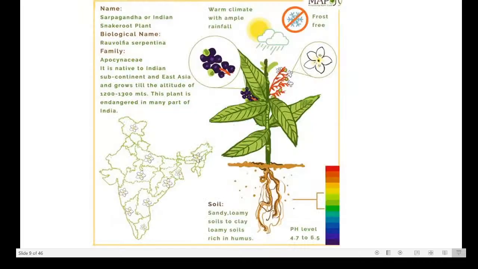Okay, next one is Sarpagandha. Sarpagandha is also one of the most widely used medicinal plants for many herbal companies. This is called Rauvolfia serpentina, of the Apocynaceae family.